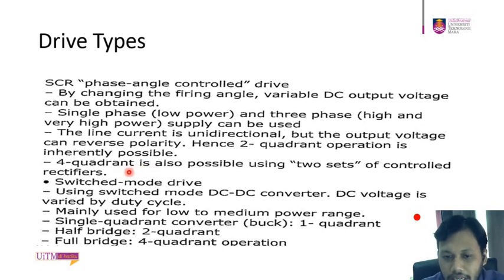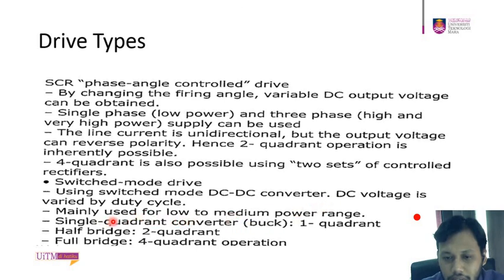Or you can opt for a switch mode drive, using a switch mode DC-DC converter, where the DC voltage is varied by the duty cycle. It's mainly used for low to medium power range.